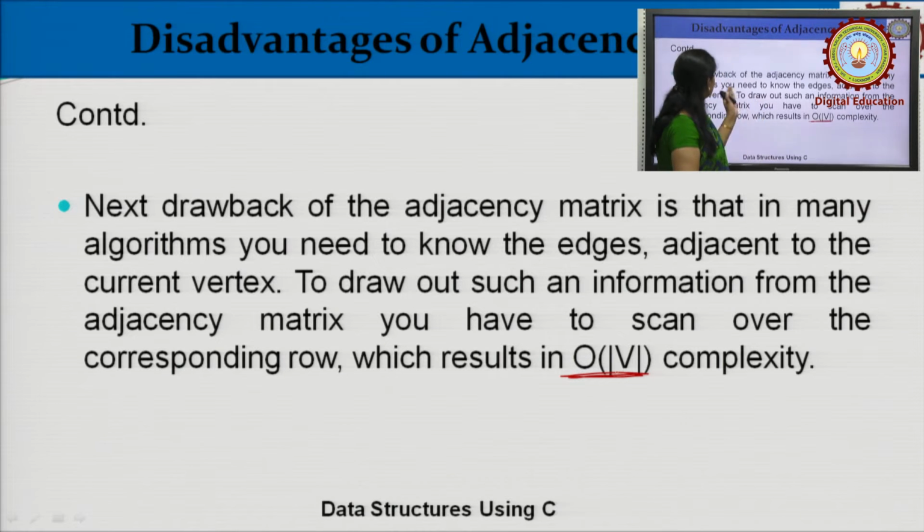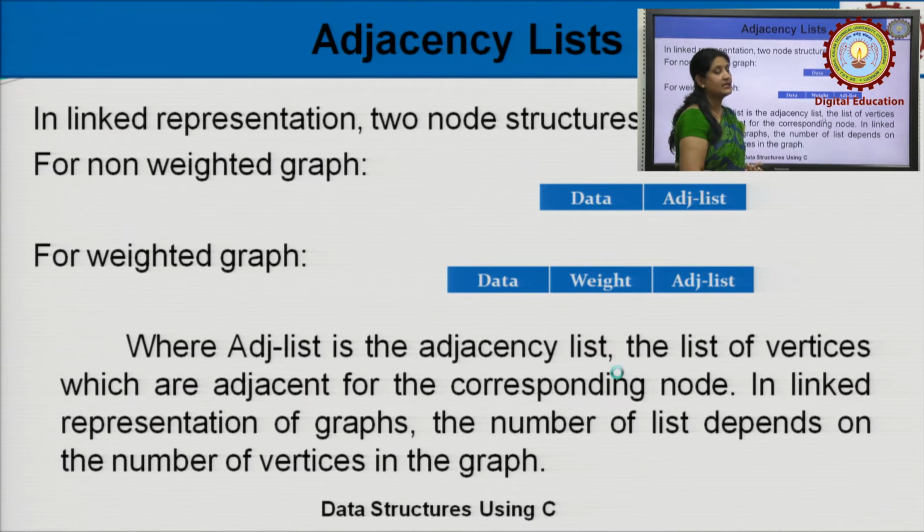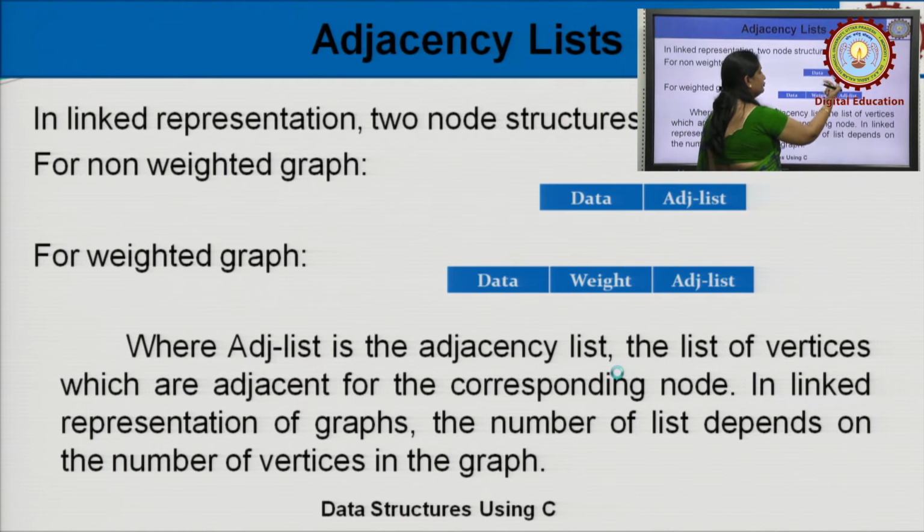To overcome this disadvantage, we use adjacency list. It is also known as linked list representation of the graph. In adjacency list, there are types of graph: directed, undirected, or weighted graph. For directed and undirected graph, the node will contain two fields.